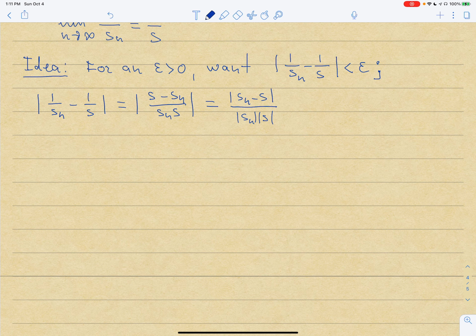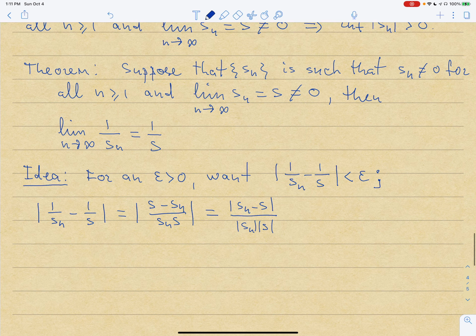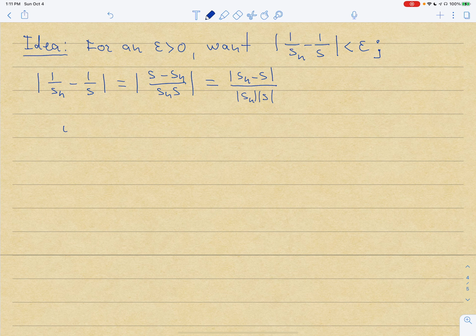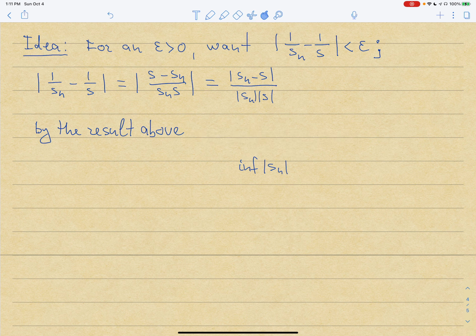So from what we just proved, we know that the infimum of absolute value of Sn, by the result above, this infimum is strictly greater than zero.